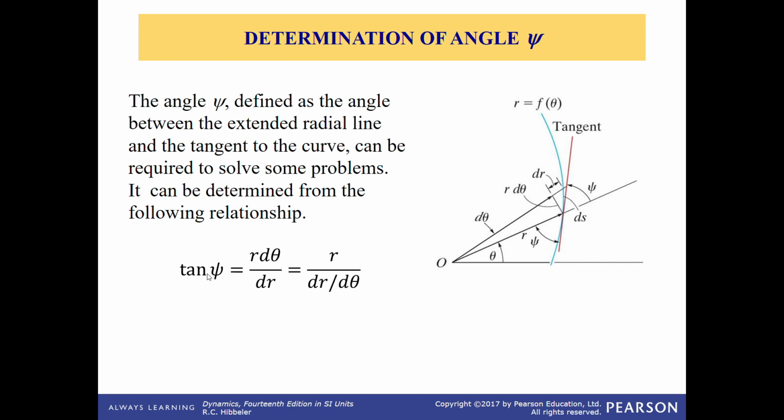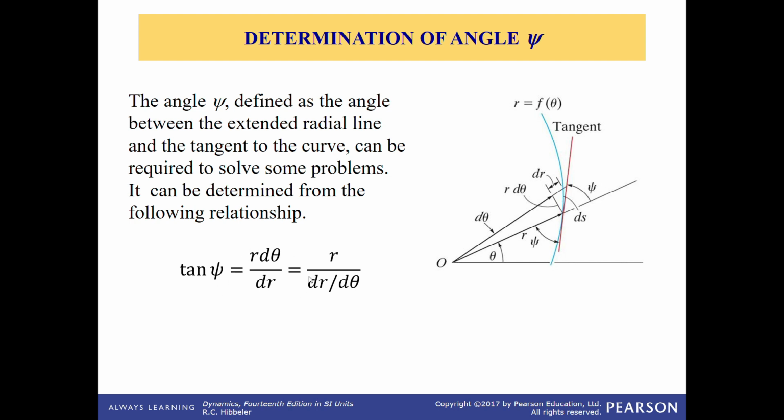That's why if you see tan C, this distance divided by dr. Dr is this one. How do we measure that? We translate the C here into this triangle. This is the angle. So we take tangent, the opposite length divided by the side length between the angle.